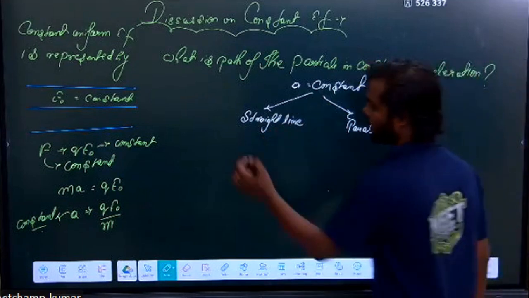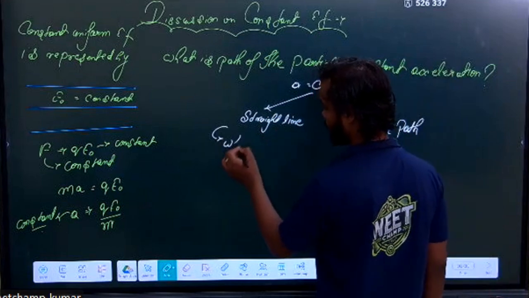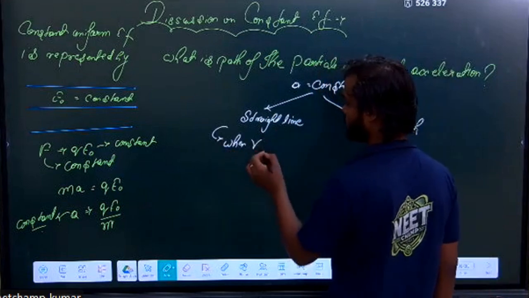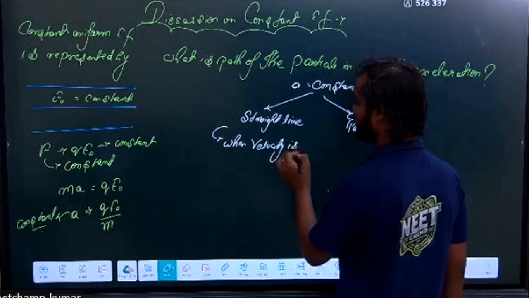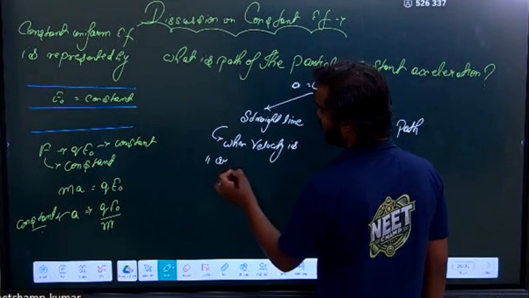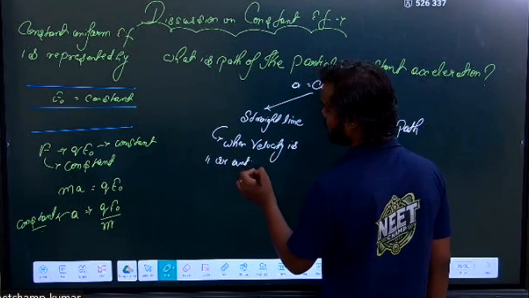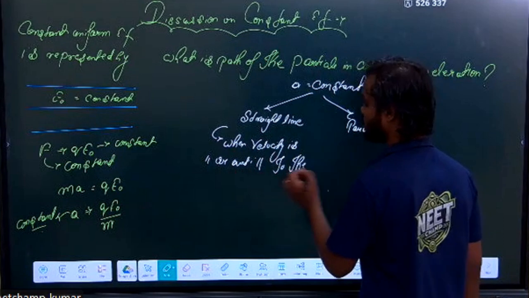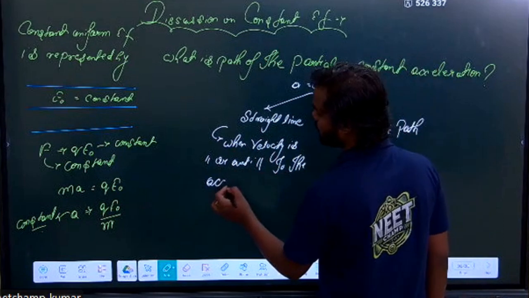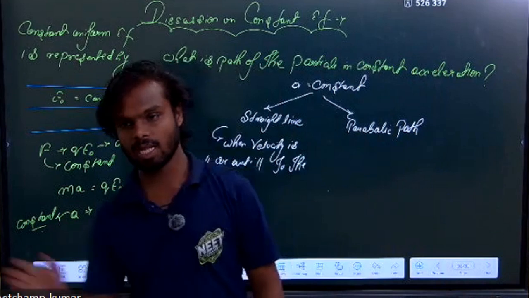It will be a straight line when my velocity is parallel or anti-parallel to the acceleration. Do you understand the meaning of parallel and anti-parallel?